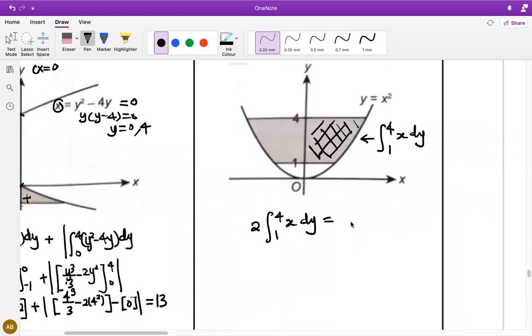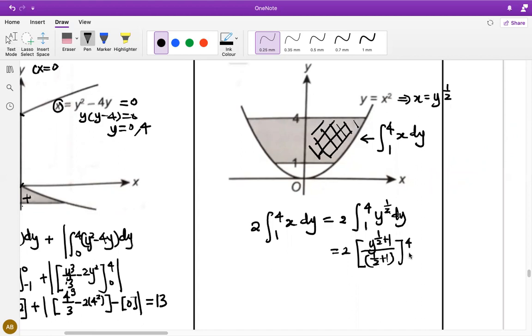Okay, so 2, and then this one is 1 to 4, right? If y equals x squared, that means x equals y to the power 1 over 2. So we have y to the power 1 over 2 dy. So this one 2, and then y to the power 1 over 2 plus 1, over 1 over 2 plus 1.